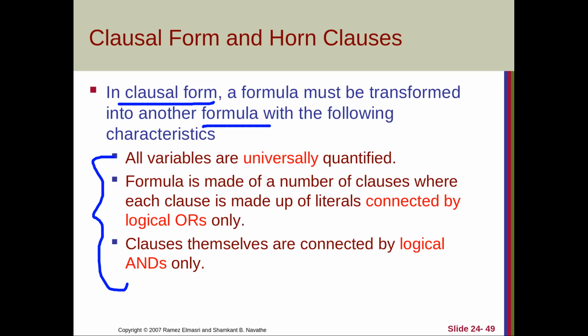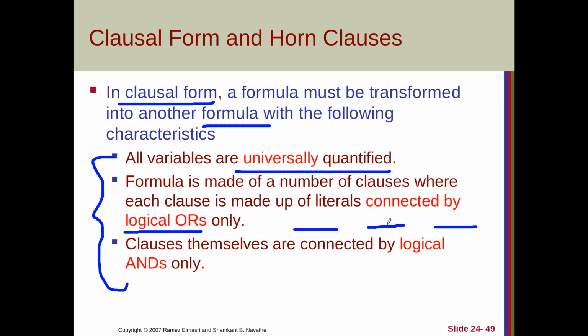First, a formula is in clausal form if all variables are universally quantified. So the formulas must be applicable for all categories. Second, the formula is made of a number of clauses where each clause is made up of literals connected by logical ORs only.